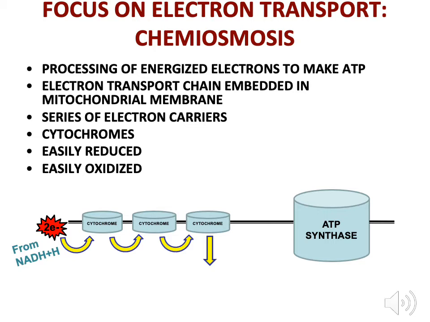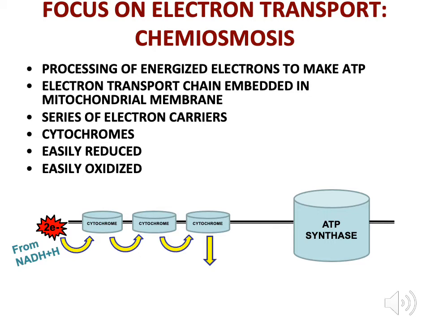But now you'll remember on the previous slide, our electron carriers were illustrated going downhill. Now what we're doing is illustrating them more realistically, as how they physically occur in a membrane. But they'll do the same thing. So I've got my series of electron carriers. I'm going to call them cytochromes. They're easily reduced.